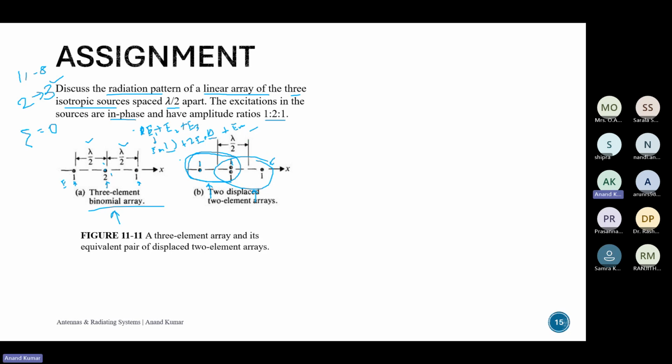We have the pattern function for this configuration, this array. So taking that as the element function, we can calculate this. If you go through the example, it's written in detail in the textbook.